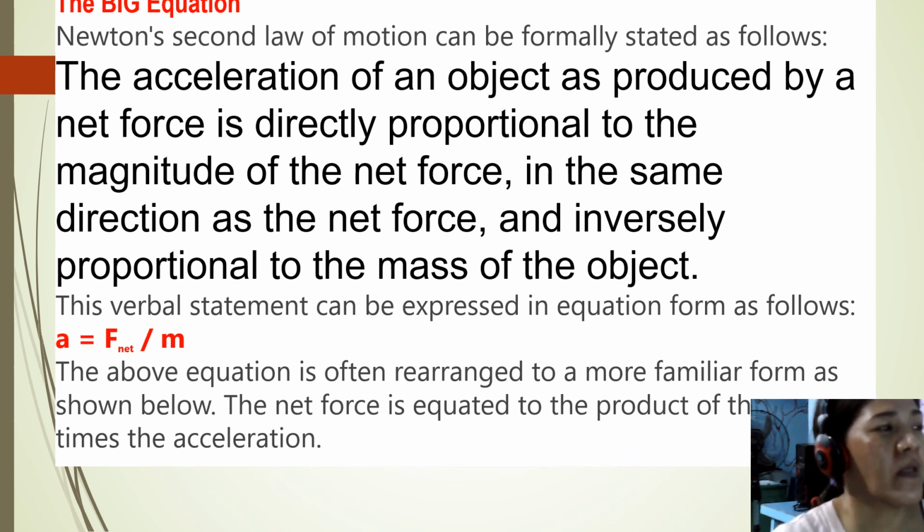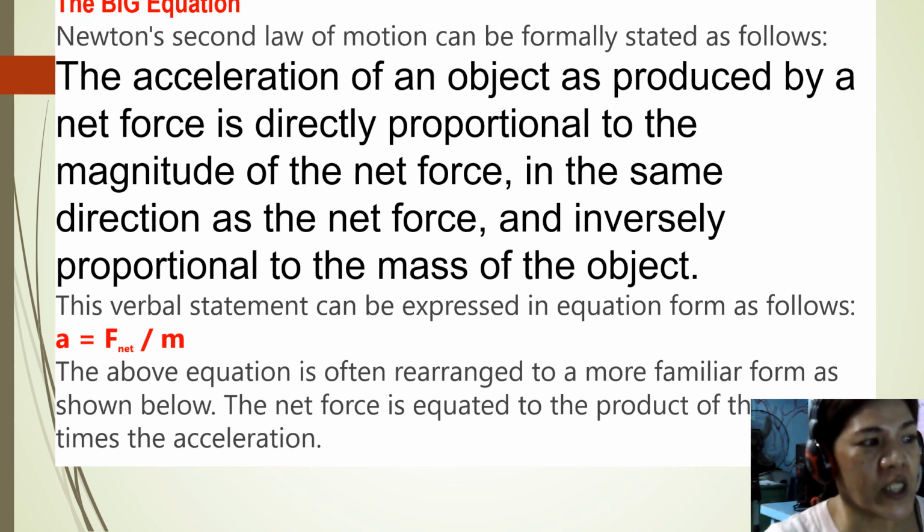Now, the big equation for the law of acceleration. Newton's second law of motion can be formally stated as follows: the acceleration of an object as produced by a net force is directly proportional to the magnitude of the net force, in the same direction as the net force, and inversely proportional to the mass of the object.